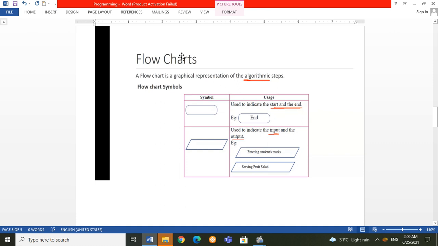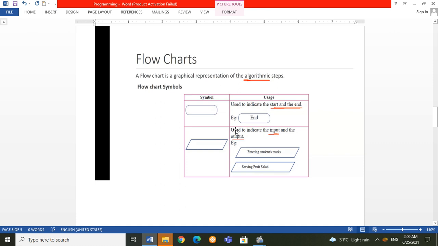A flow chart is a graphical representation of the algorithmic steps, right? There are some steps you have to learn. So you might think, what is the algorithm?